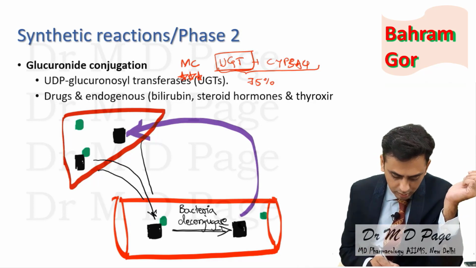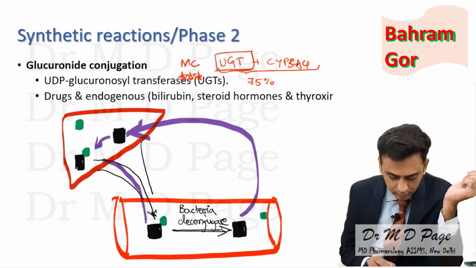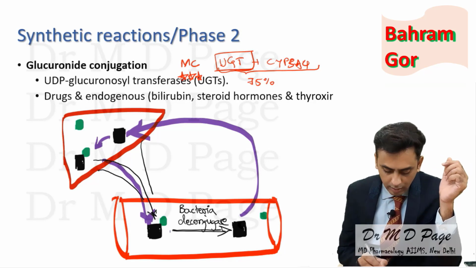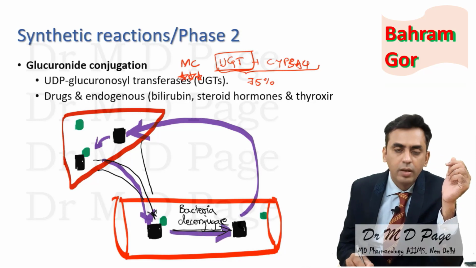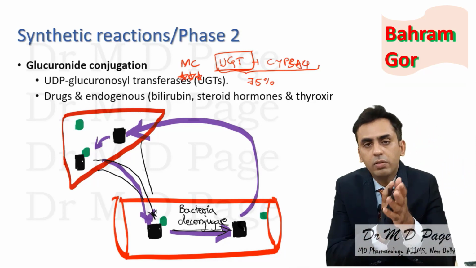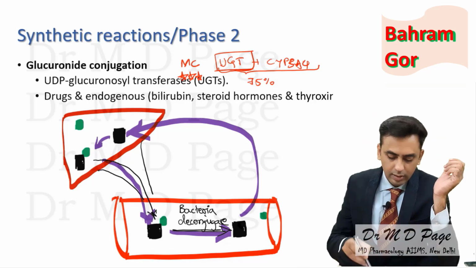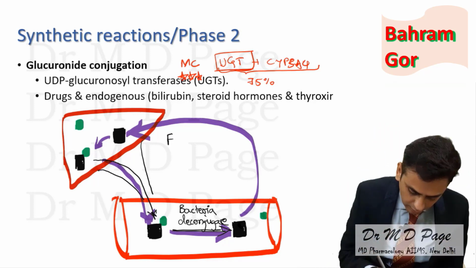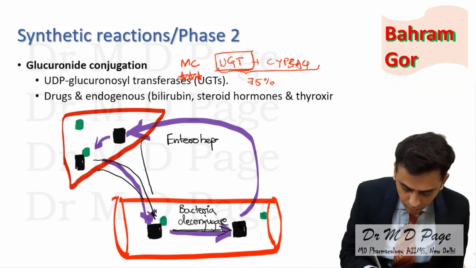So what happened? The drug is getting glucuronide conjugated in the liver. It is getting secreted into the intestine, and again it is getting deconjugated, and again it is returning back to the liver. You can see a cycle. This cycle is known as enterohepatic cycling of drug.